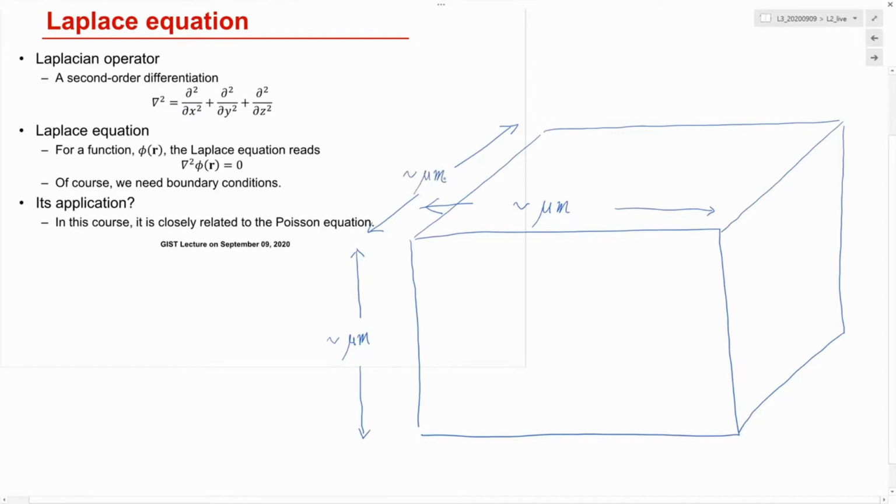In reality, this size is a little bit larger than these days. Nowadays this becomes just 0.1 micrometer or even smaller, and the others are also smaller than micrometer scale. But anyway, that doesn't matter. Anyhow, this box is already quite small.